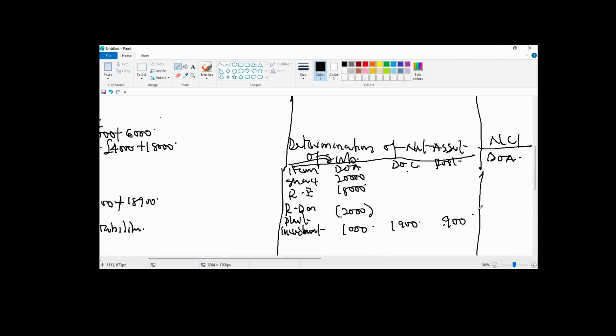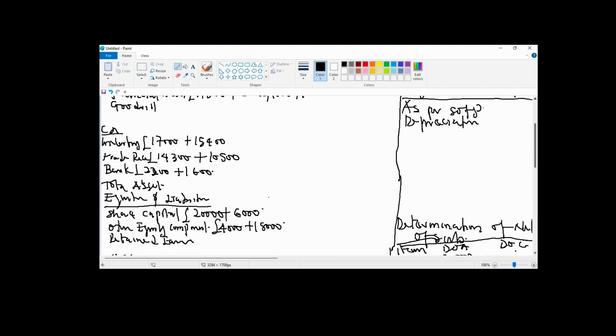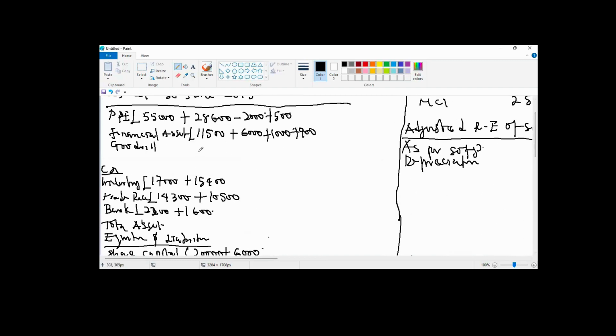In assets for the parent, what is the carrying amount of the parent's investments? He said it's now 13.2. What is it for the parent, 11.5 in the book? 11.5. It is now 13.2.